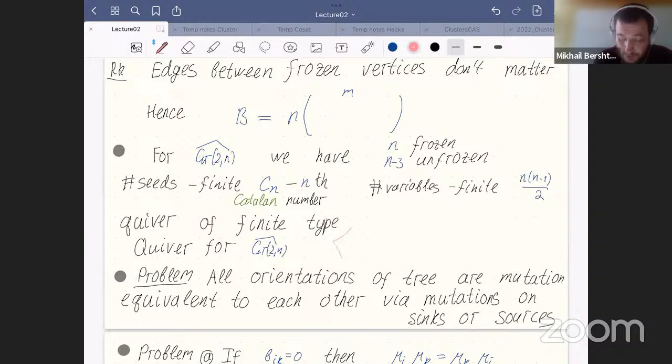In order to write down the quiver, it is useful to choose some very simple triangulation.